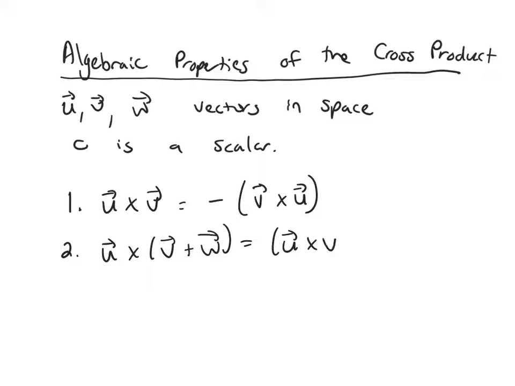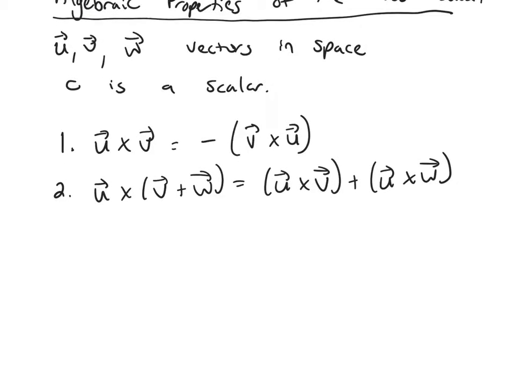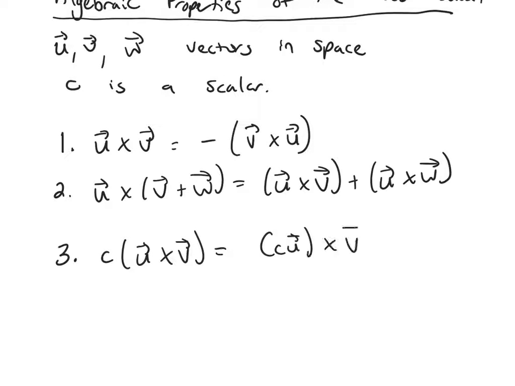So it's U cross V plus U cross W. If I take a scalar multiple of a cross product, I can distribute that scalar either to U, or I could distribute it to V.